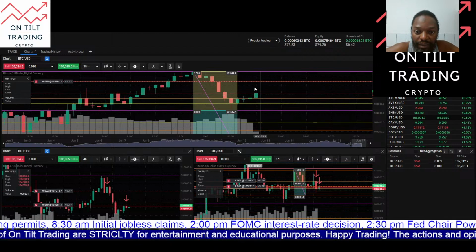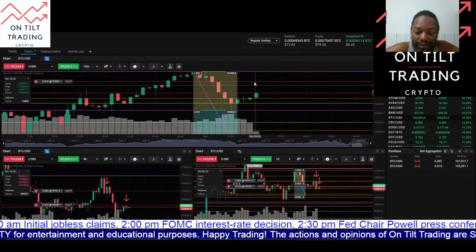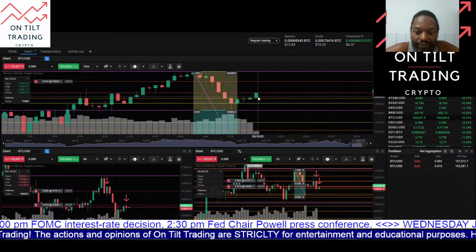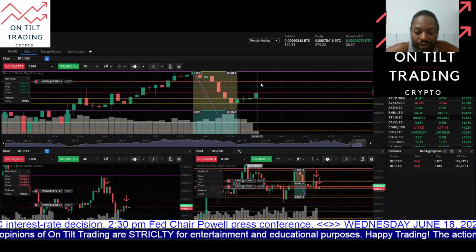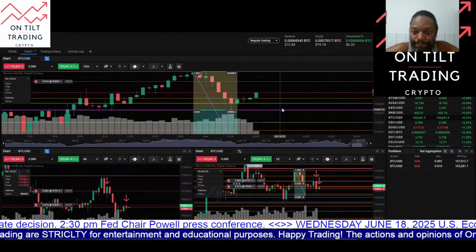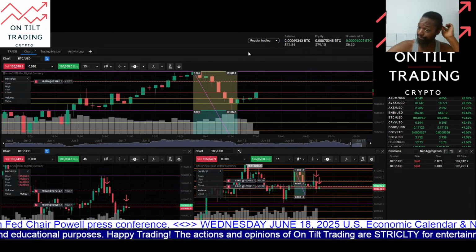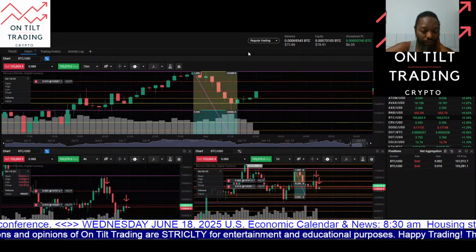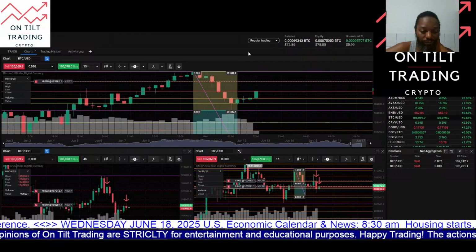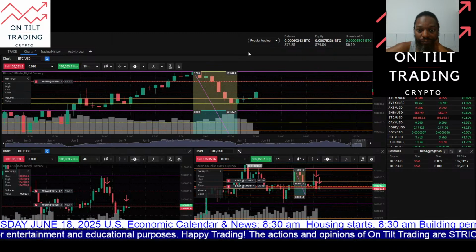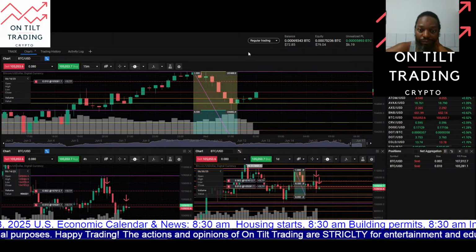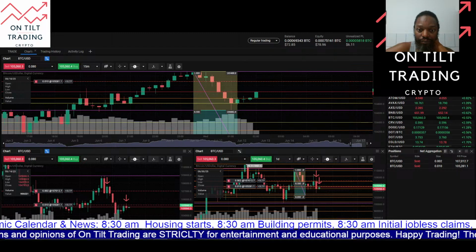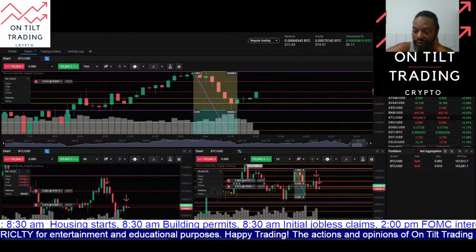This may pull back to this level here, or may find a reaction anywhere in between here. So this could form the new swing.